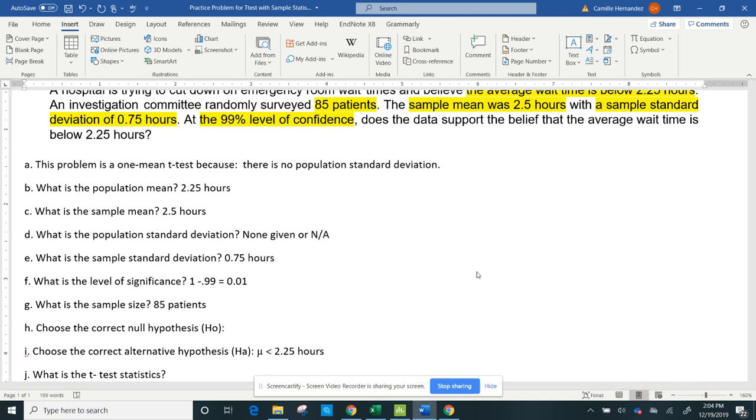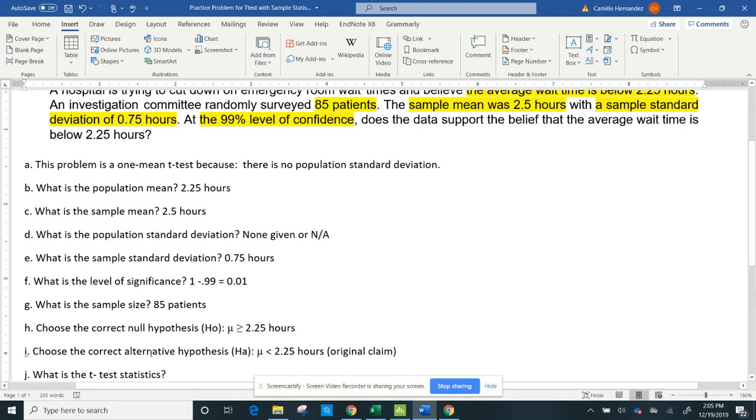Again, it's my original claim. Right. So then what does that make my null? My null is going to be the mean is, because I'm using the less than there, greater than or equal to 2.25 hours. And that's not my original claim.